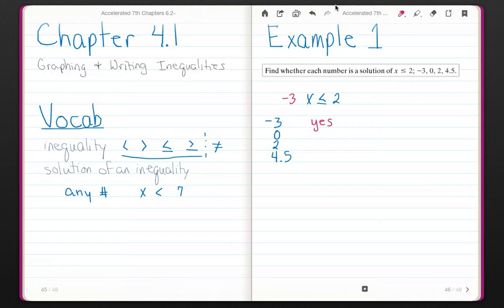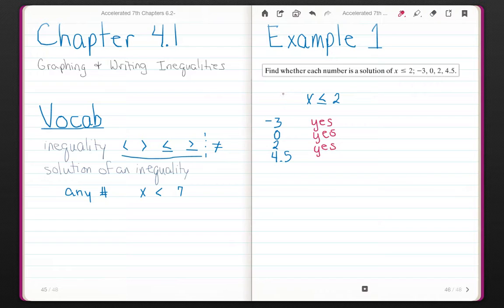Is 0 less than or equal to 2? Yes. Next, is 2 less than or equal to 2? Well, it is not less than 2, but this equals makes it a yes. It is equal to 2. And 4.5.